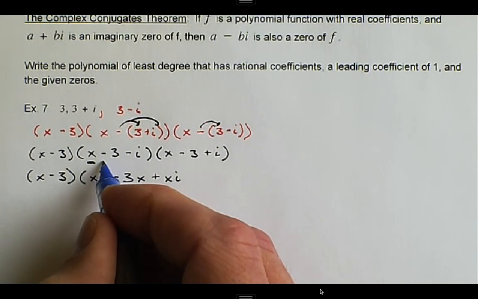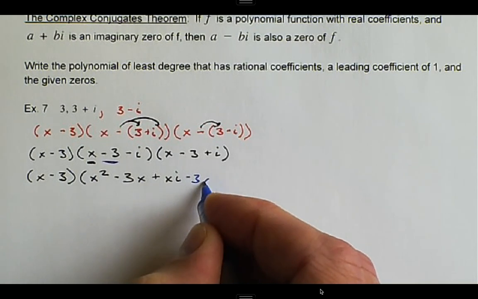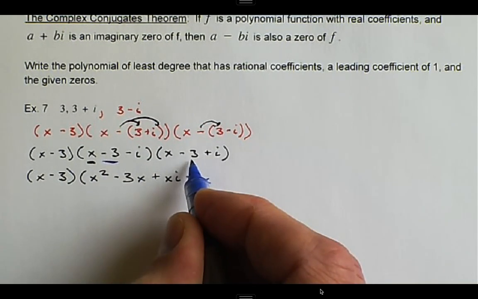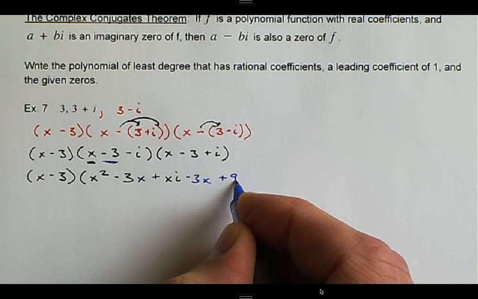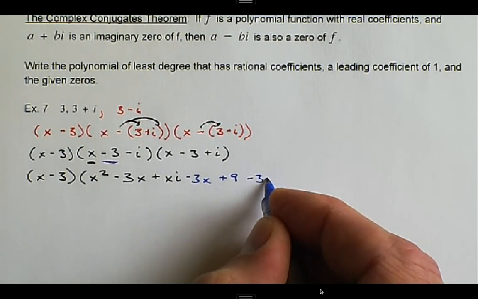Then we're going to take the negative 3 and multiply it by the three terms. So we get negative 3x. Negative 3 times negative 3 is positive 9. And negative 3 times i is negative 3i.